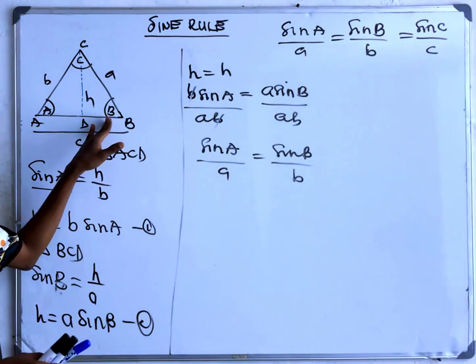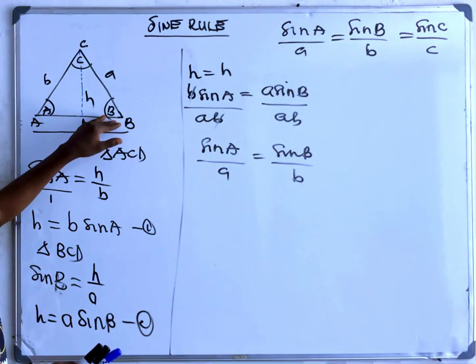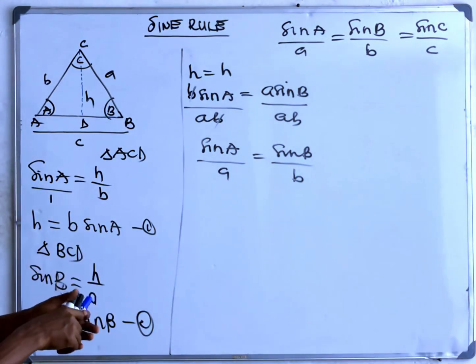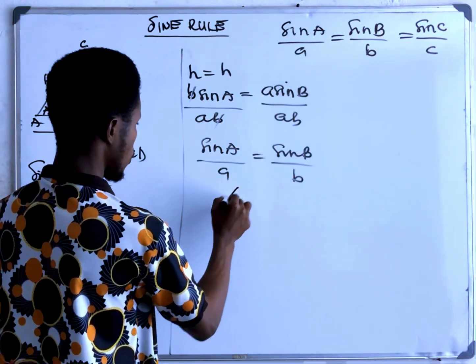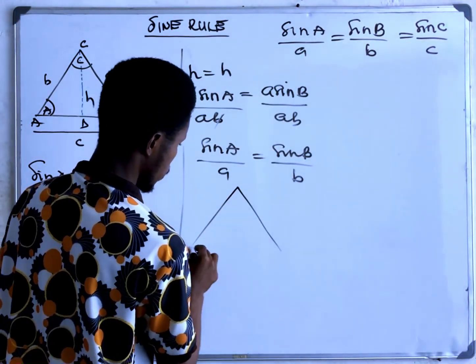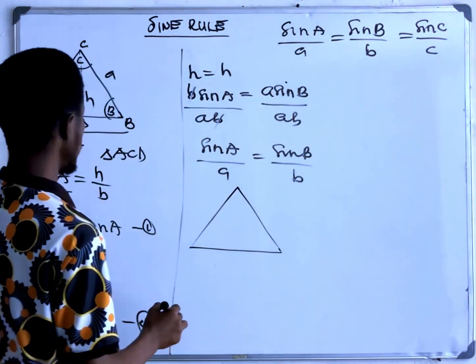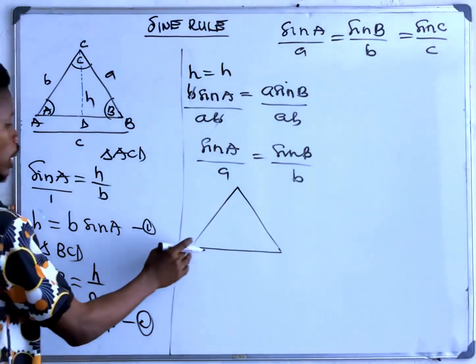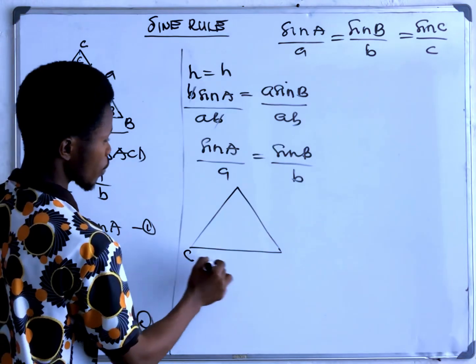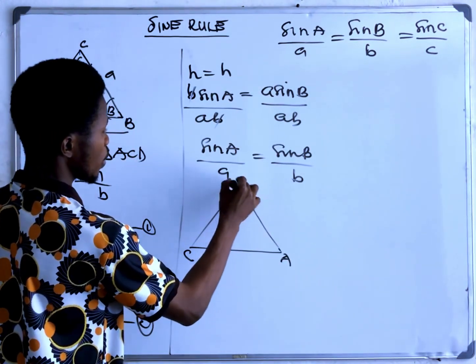With the same diagram, you can decide to redraw this diagram again, okay? Let me redraw it, because if I do it the other way around, it will be some way. So let me redraw this diagram. Here I'm going to change the positions. Let me bring the C here, A here, then the B there.